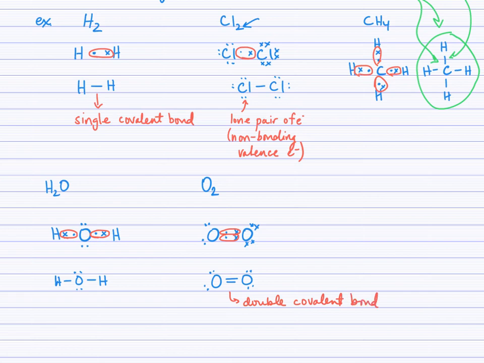Now you can try N2 as the last example here, and then we'll move on. So go ahead and draw the diagram for N2. Okay, so I'm showing N2 here, and you can see that there's a triple covalent bond formed. Each nitrogen in group 15 has 5 valence electrons, so it will need 3 more electrons to become stable.